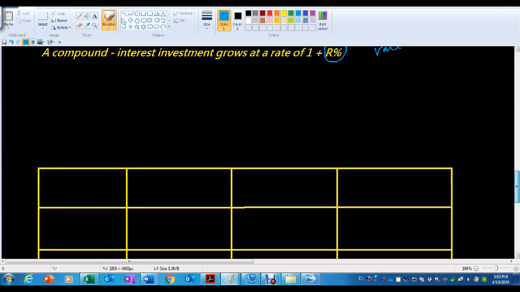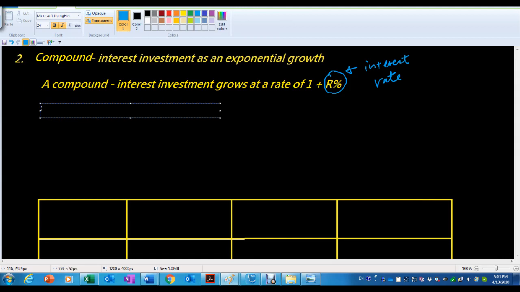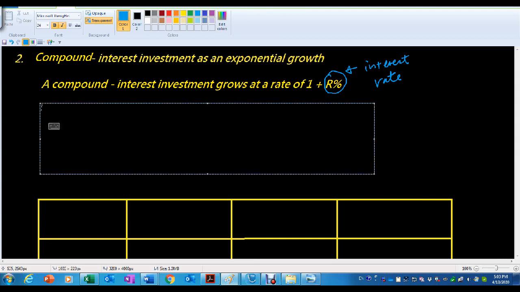Let me give you one example. For example, now, if we have a principal, which is the initial investment, of $1,000 again, and the interest rate is 6% PA.